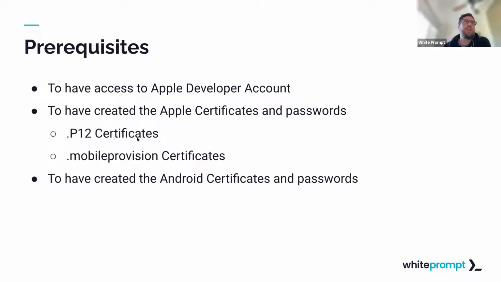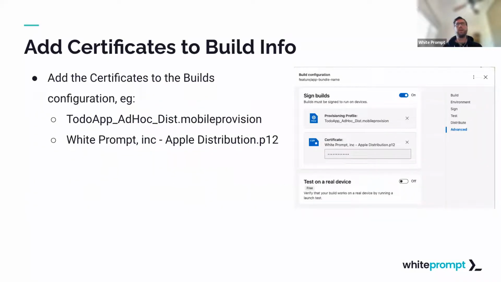We need to create the P12 certificates and some mobile provision certificates. I already created those in advance because the process takes some time. And to have created Android certificate and passwords. It's different, but on Android, you need to create that in advance also.